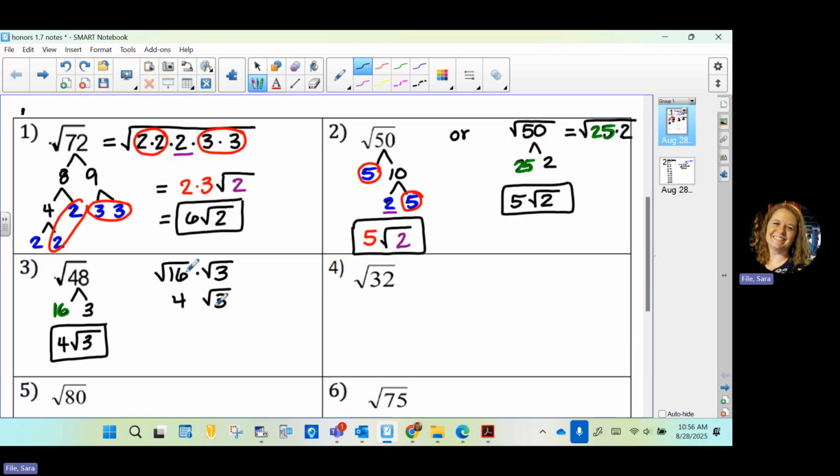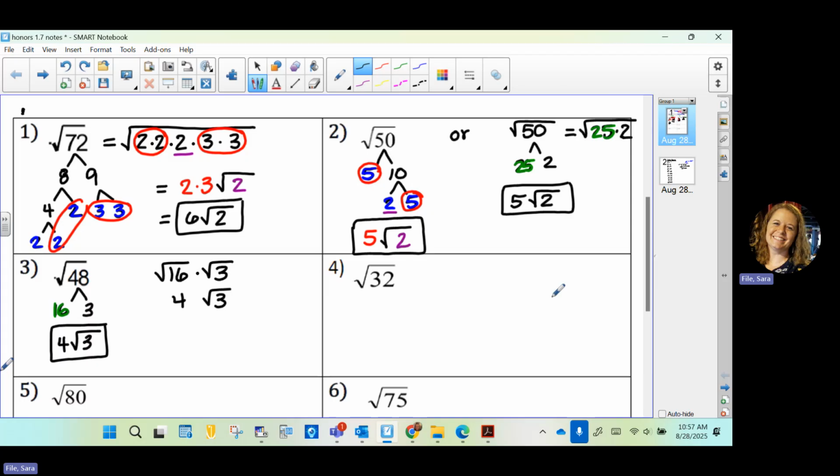So that's how it's having you write each little step. For the sake of our notes, you don't have to write that every time, but that's where the 4 is coming from, because we just broke down square root of 48 to square root of 16 times square root of 3. And then the square root of 16 is 4. And the square root of 3, we can't break down any further. So that's it. Does that make sense?